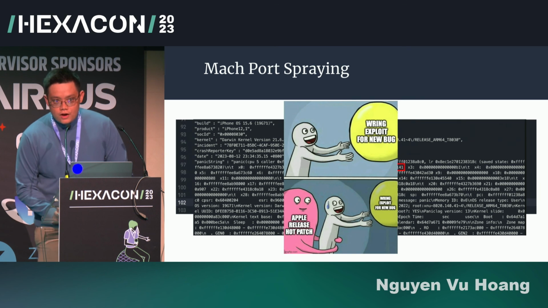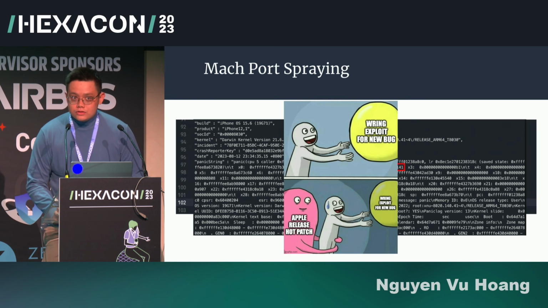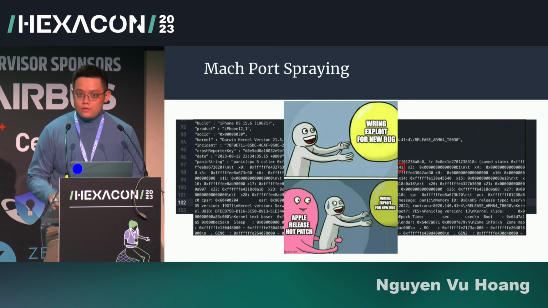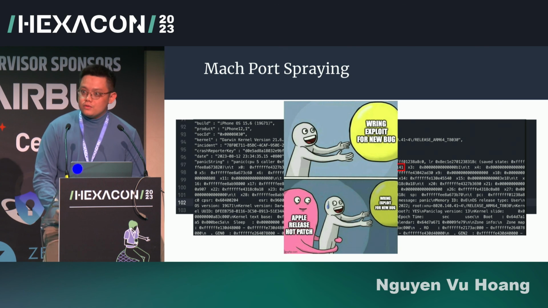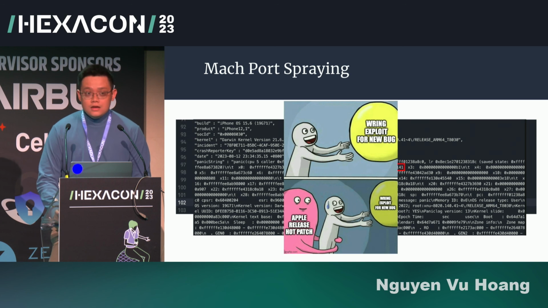I found these vulnerabilities around July last year, but while developing the exploit for these vulnerabilities, Apple quickly noticed these vulnerabilities and quickly released the hot patch in iOS 15.6.1.